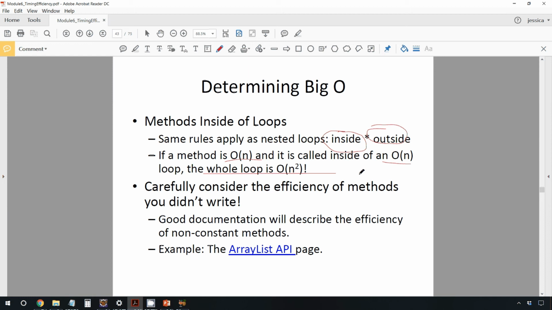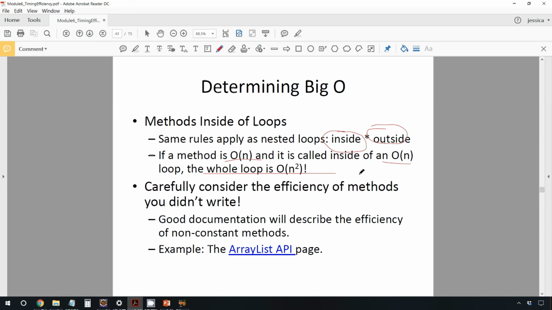So even though the loop itself is only running n times, if every time it runs, the code inside calls a method that also runs n times, that whole algorithm is going to be n squared because you've got n for the loop, n for the method, and you multiply them together because they're nested.